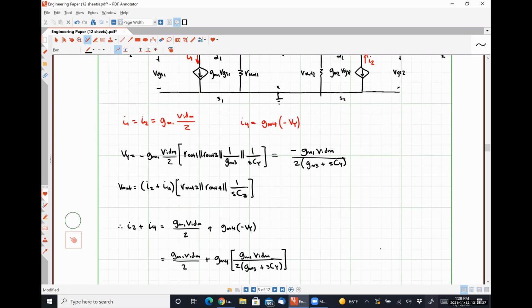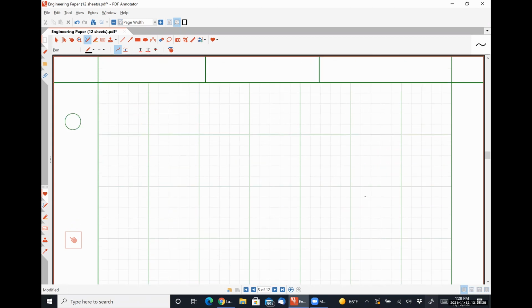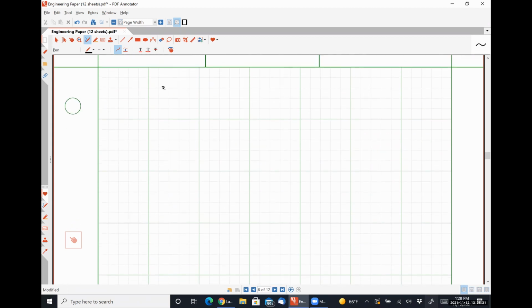So this is going to look like GM1 VIDM times GM3 plus SCY divided by twice GM3 plus SCY. So that's still just the I2 portion.